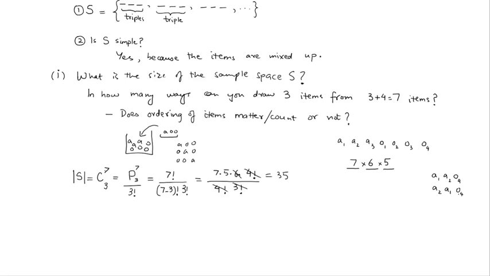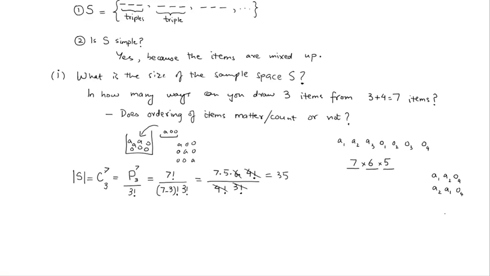It's just the same 3 items, but arranged differently. But if I don't want to count the different orderings of these 3 items, then I can just divide by the number of orderings that 3 items can have, because this multiplication formula has counted all possible orderings.